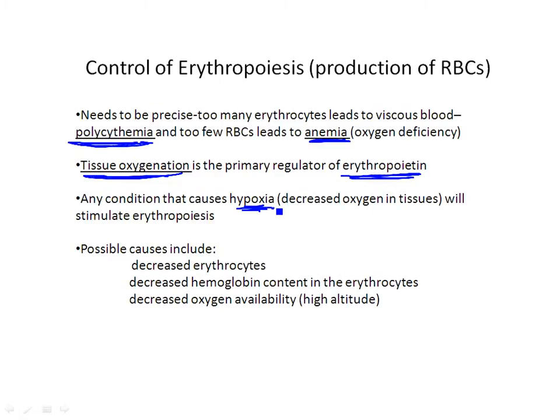So that's going to cause you to produce more red blood cells and replace those you gave when you gave the blood. If you're not making enough hemoglobin, let's say you have an iron deficiency and you're not creating proper hemoglobin, so you're not able to carry oxygen the way you should, that's also going to cause you to make more red blood cells, because your body's saying, we're not getting this tissue oxygenated well enough, we've got to make more red blood cells.